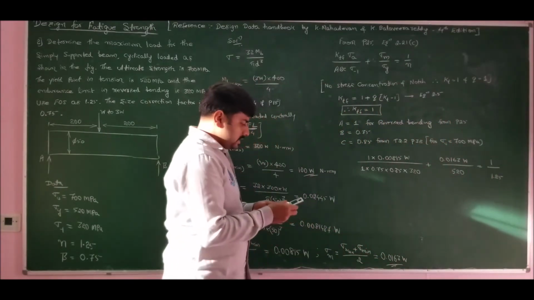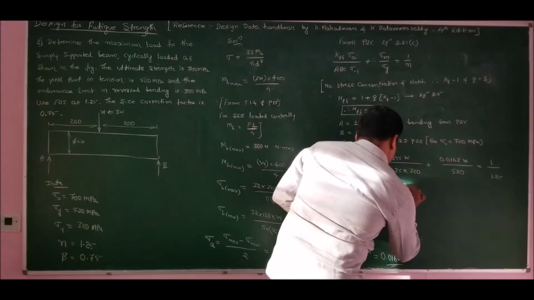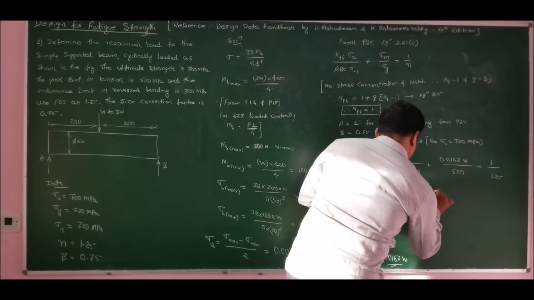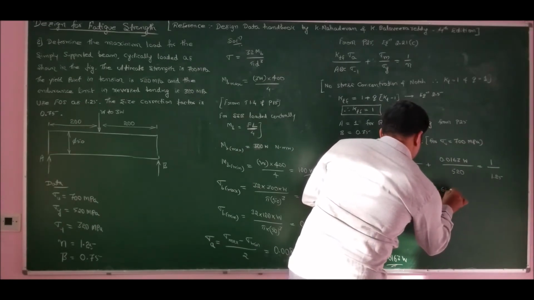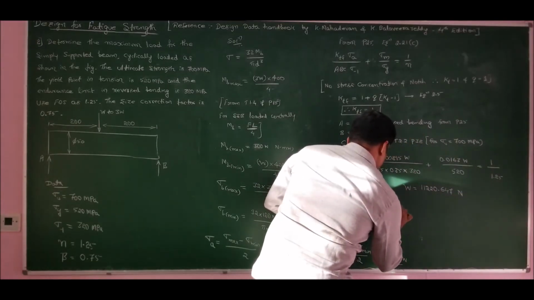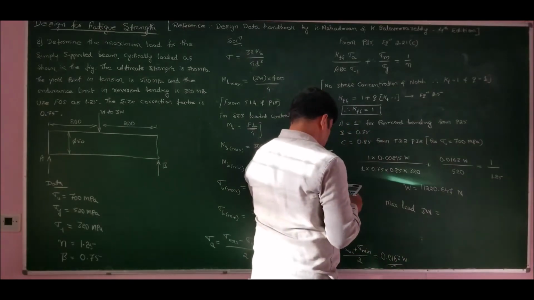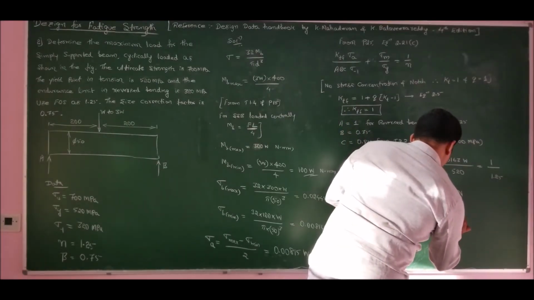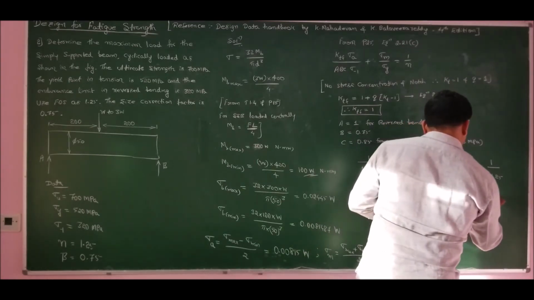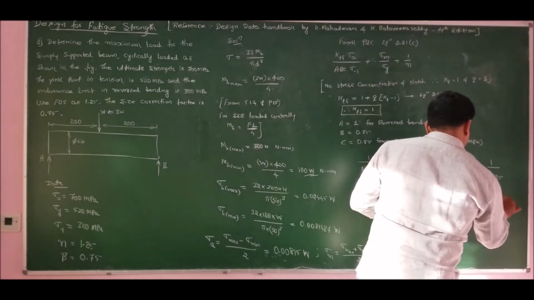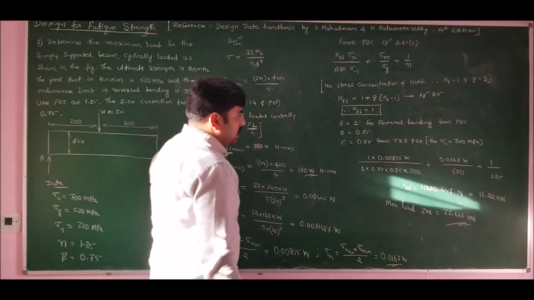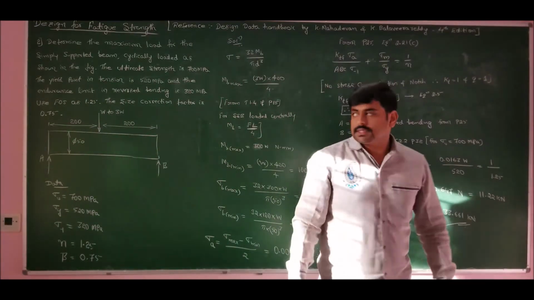If I solve this equation, I will get the value of W as 1120.647 newtons. So therefore, maximum load 3W is equal to 33.661 kilonewtons. This is 11.22 kilonewtons. So the maximum load for the given fatigue loading condition is 33.661 kilonewtons.